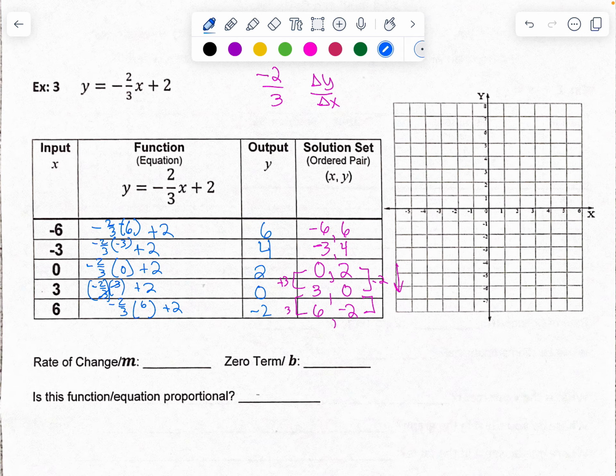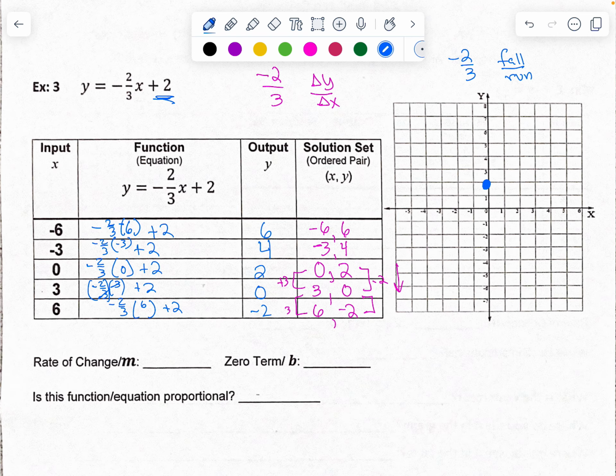Okay? If I was graphing this, I would first put my dot at positive 2 on the y-axis, because that is my y-intercept right there. Then I would notice that my slope is negative 2/3. And remember yesterday when we were talking about looking at slope on the graph, we said a negative was a fall and a run.